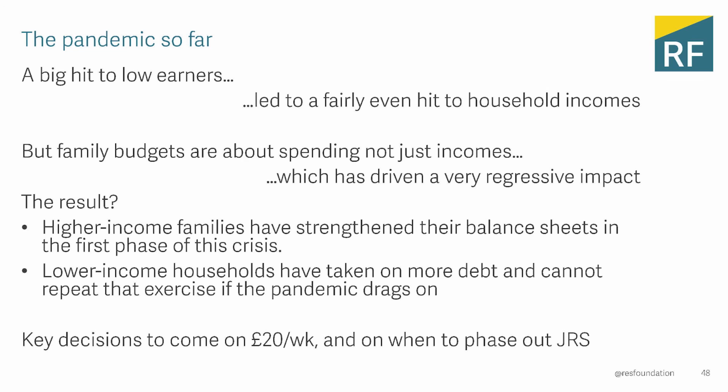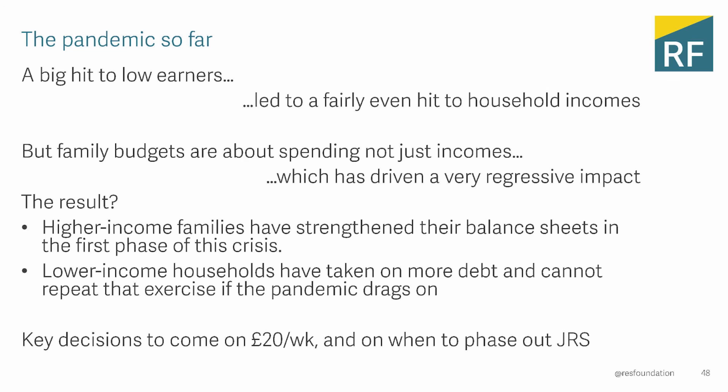But we would argue that in this crisis in particular, it's really important to pay attention to what families are spending, basically because the government has sort of stopped us spending in various sectors. And that has different impacts on high and low income families, depending how much they were spending before the crisis started on things like hospitality, leisure, and holidays.